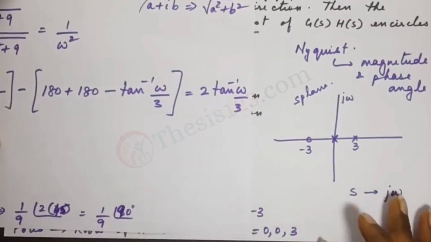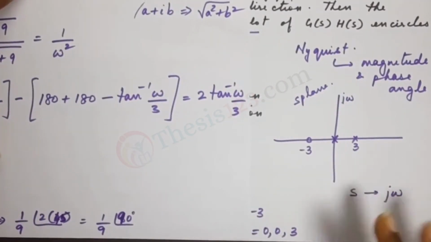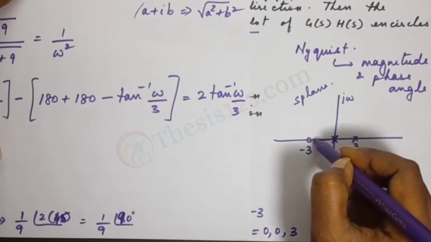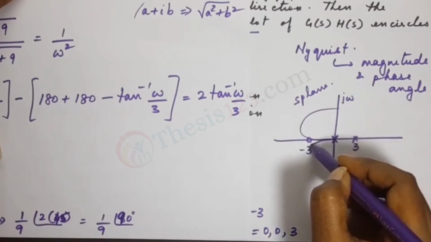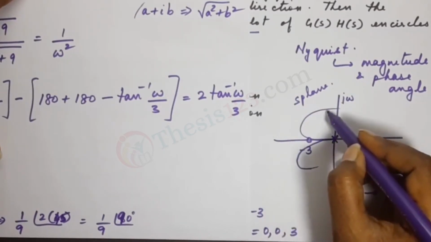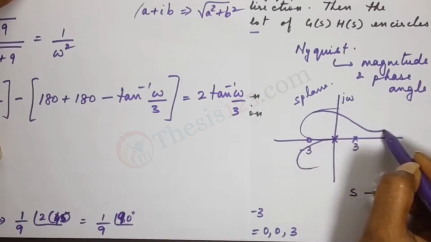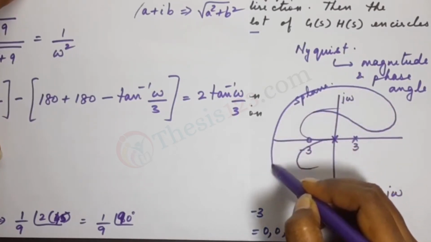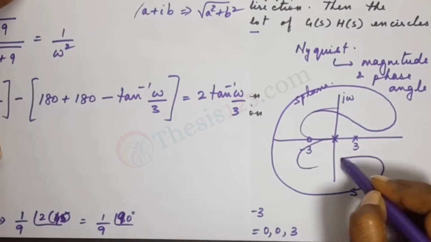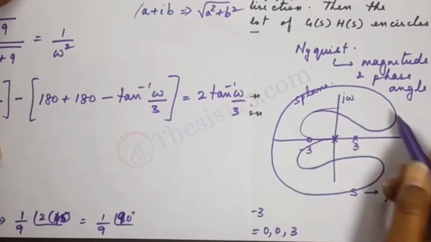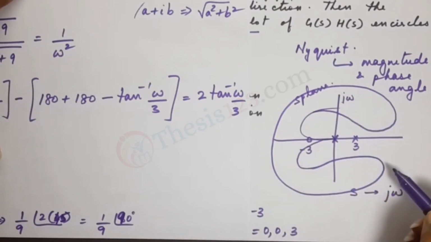So I'll draw that here. It sort of resembles a very weird shape like so. And it goes as an entire circle this way, comes here. So that is a very rough diagram of the plot.